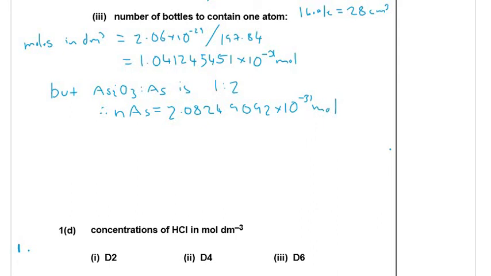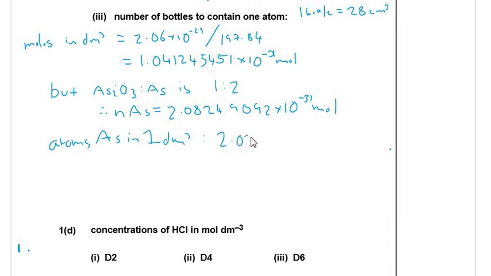Now, this will allow us to calculate the number of atoms in a decimeter cubed. So, atoms of arsenic in 1 decimeter cubed are going to be our answer from there.